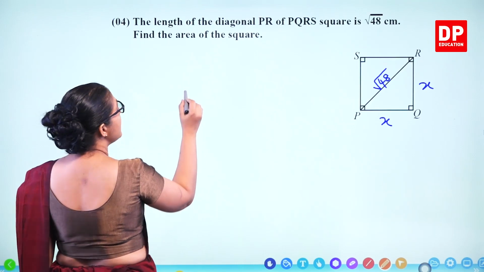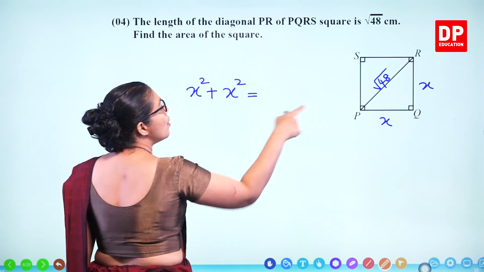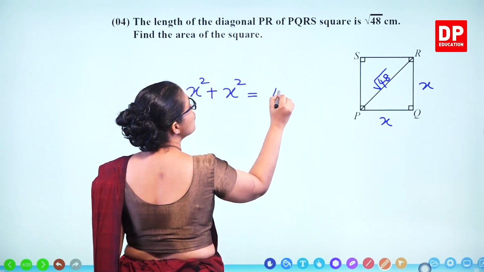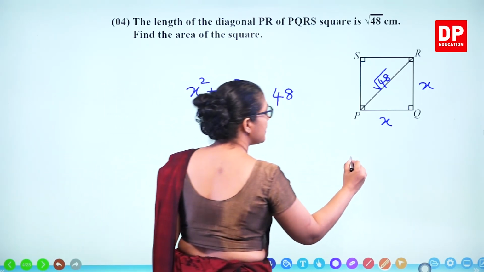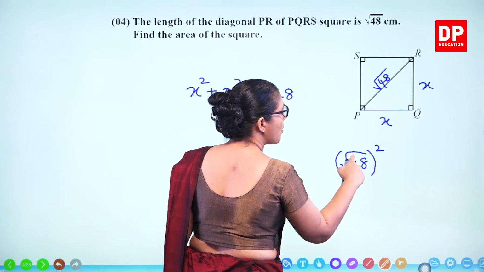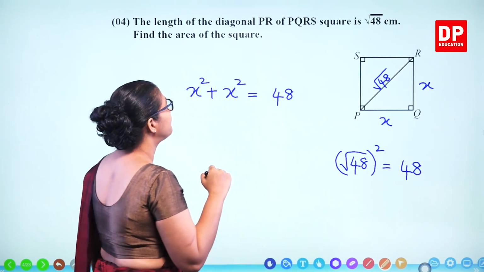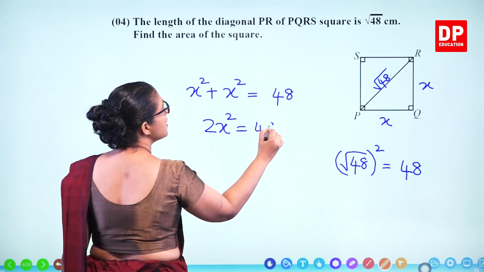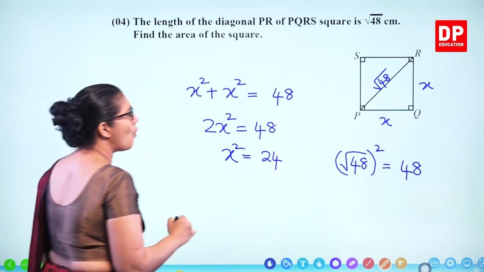So x squared plus x squared, the sum of the 2 squared lengths, is equal to the hypotenuse squared, 48, because when you square the square root, they cancel out and you get 48. Now 2x squared is 48. So what is x squared? Divide by 2, that's 24.